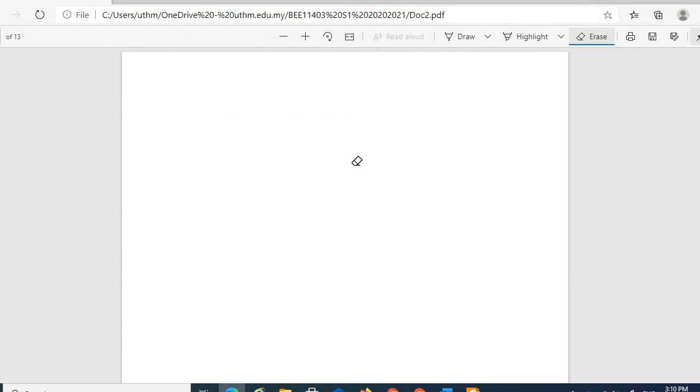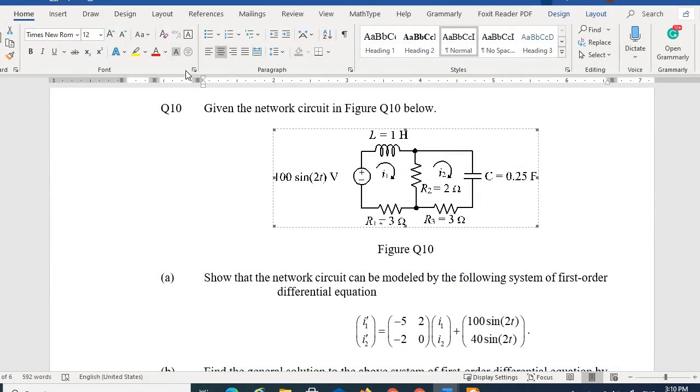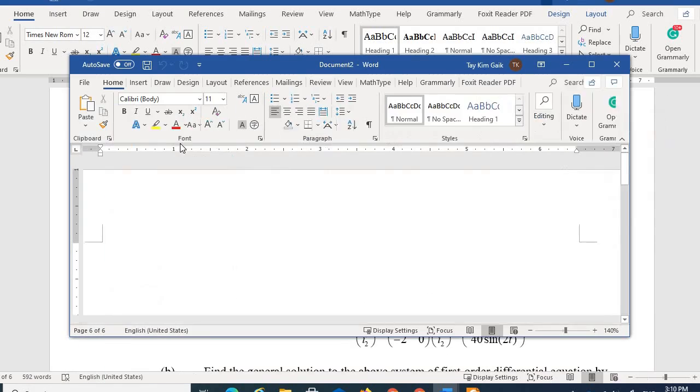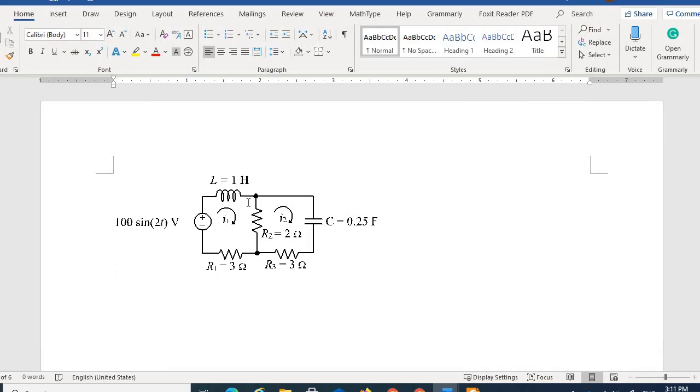Paste in the PDF. I'm having a problem writing in Word.